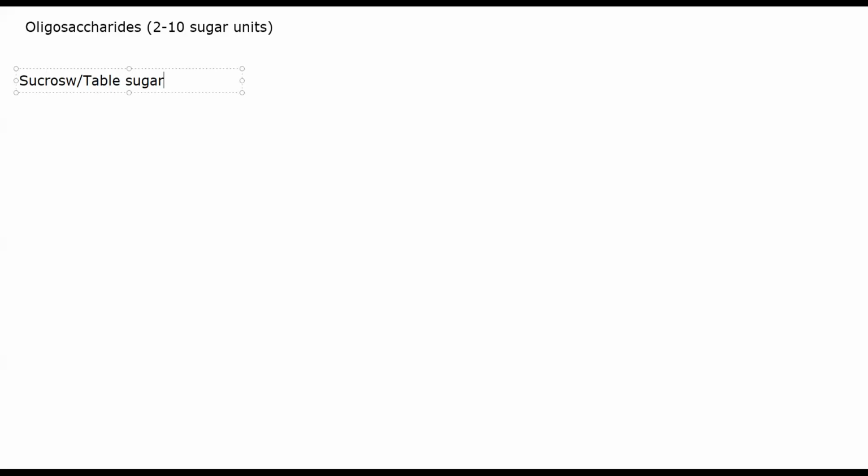It is also called cane sugar because you get it from sugar cane. So sucrose is like this. How sucrose looks is you have a 1 to 2 glucose and fructose bond, in the sense that, let me draw glucose like this.